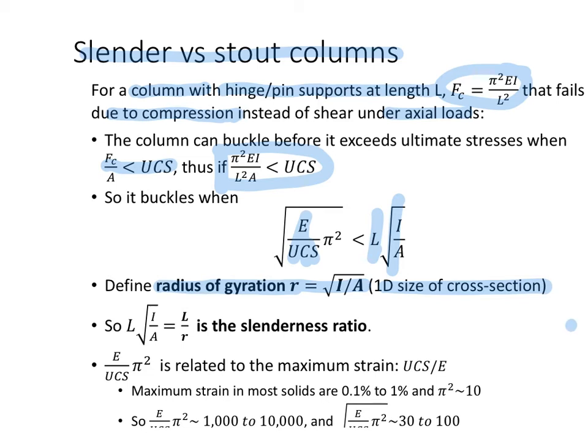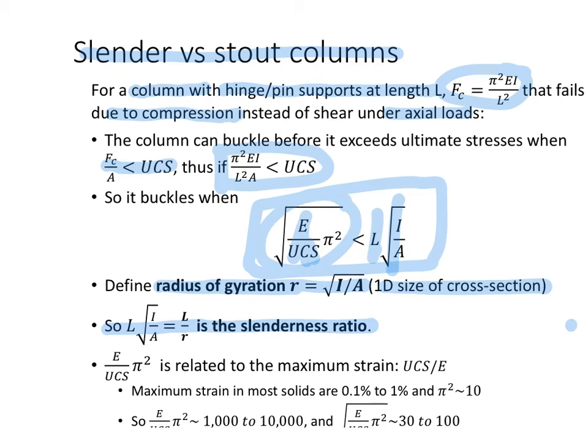We can also define L times the inverse of R as the slenderness ratio of a beam. So this property we're asking about refers to whether this expression is less than the slenderness ratio.